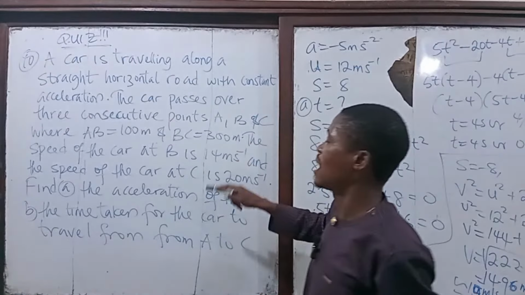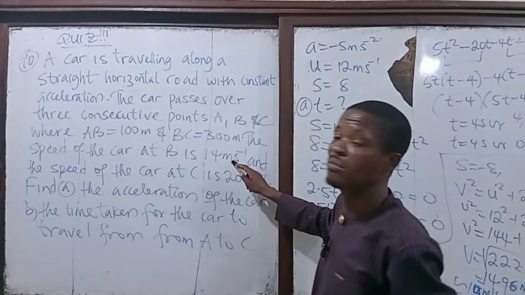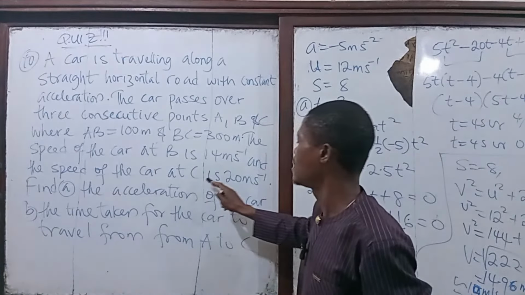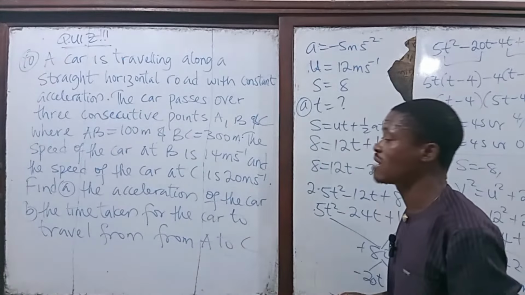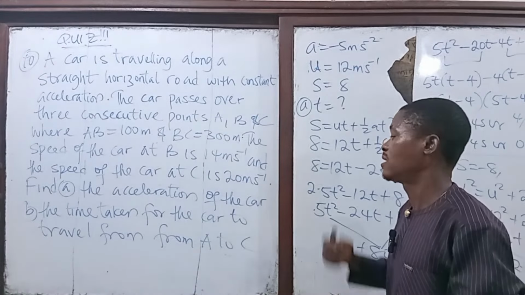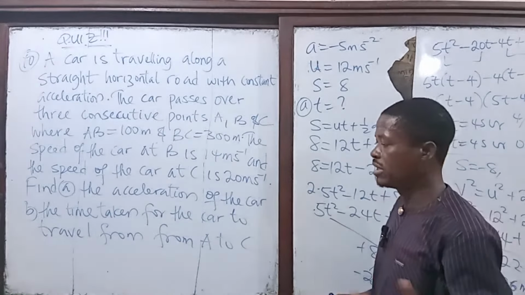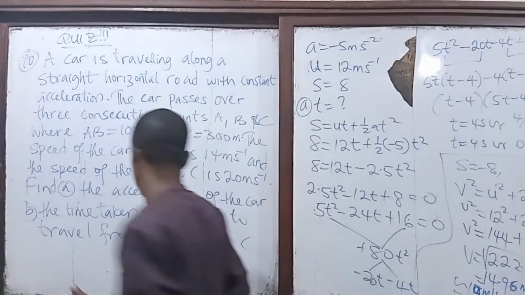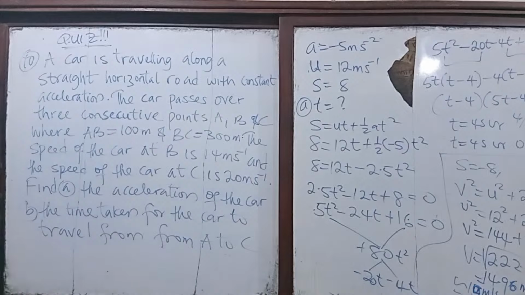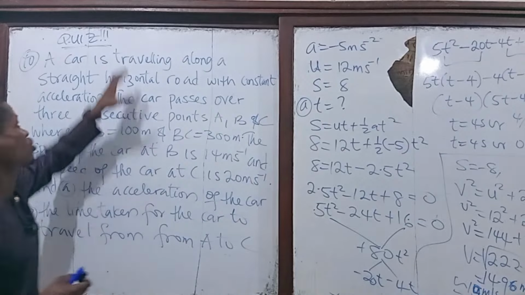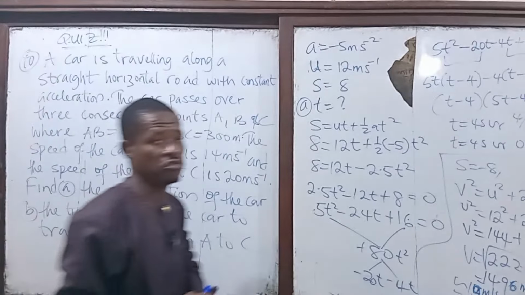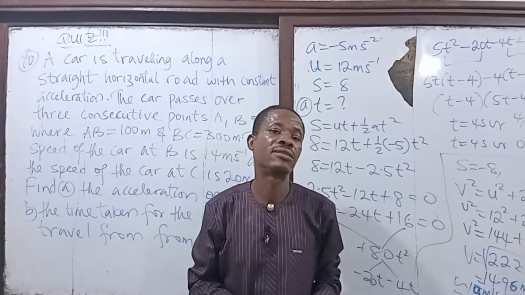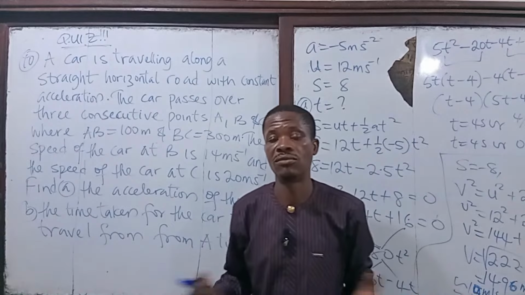The speed of the car at B is 14 meters per second, and the speed of the car at C is 20 meters per second. Find a, the acceleration of the car, and b, the time taken for the car to travel from A to C. That's the quiz for us. This is Mechanics 1, M1, for AS and A level.